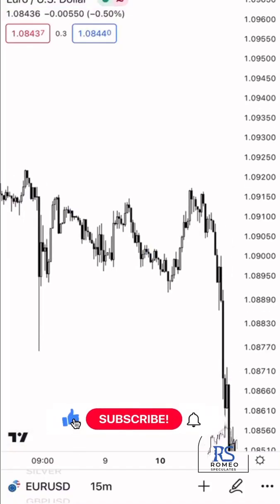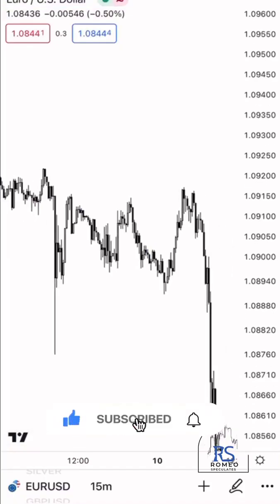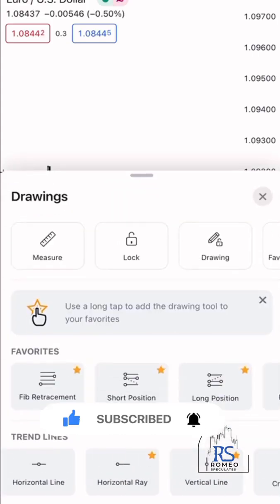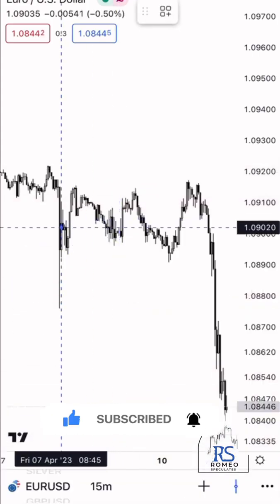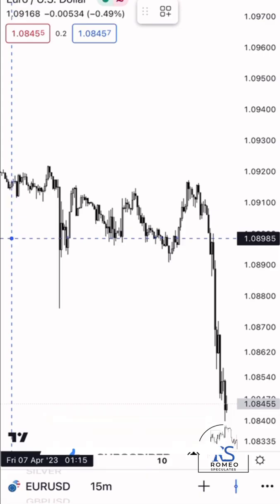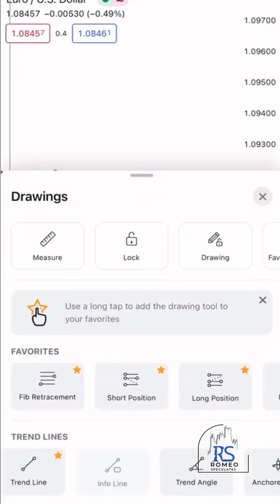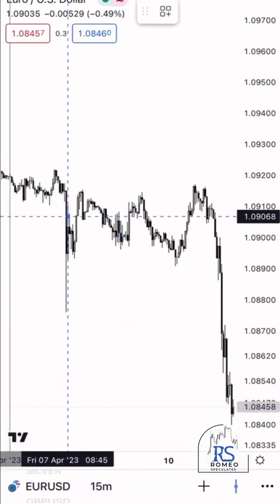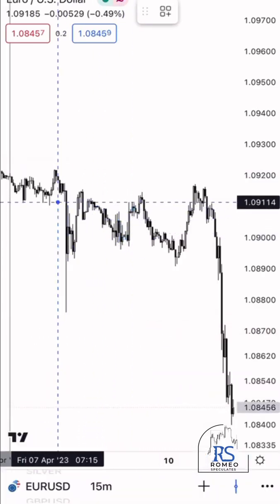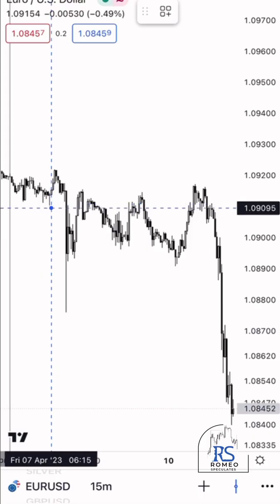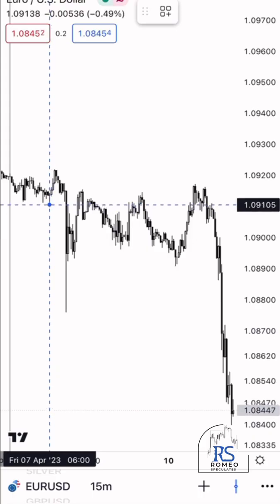All right, folks. Last Friday we had a low range Friday, right? So pretty much just chopping around. And then after this chop, we broke this low, right?